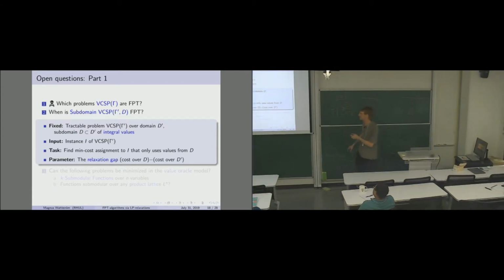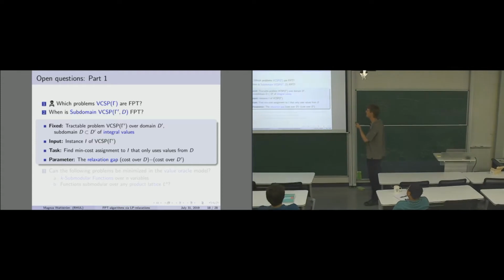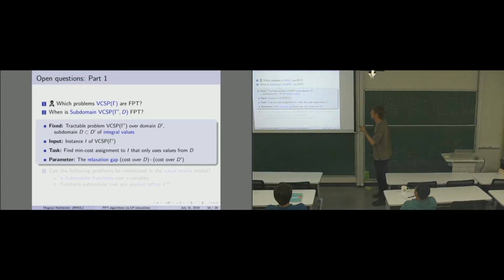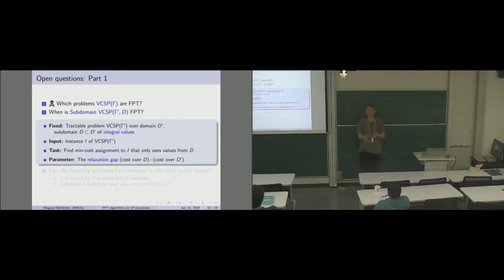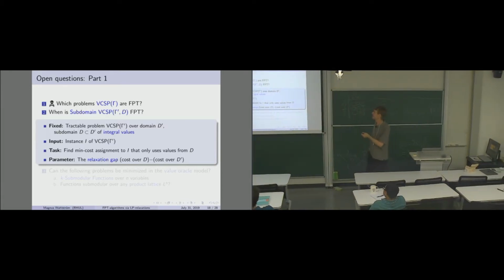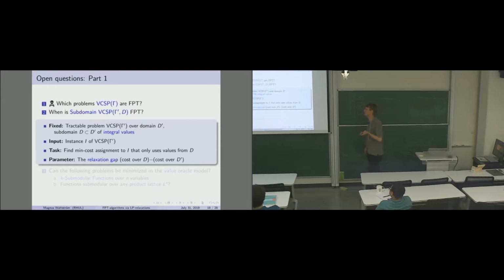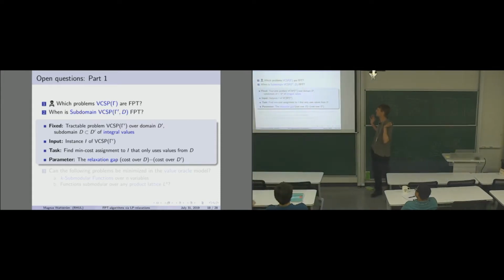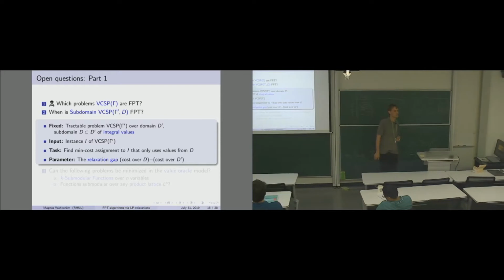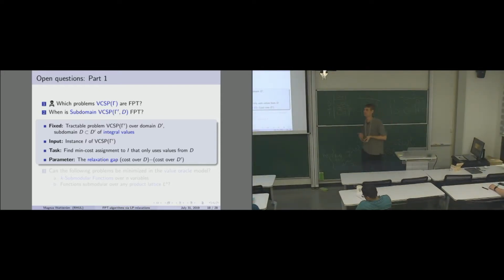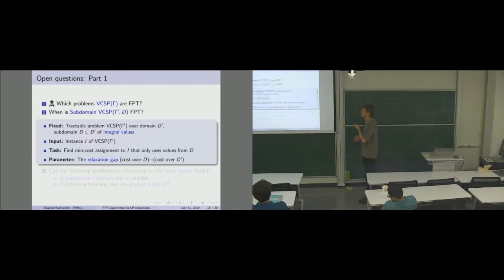You're looking for an assignment that only uses D. Your parameter is supposed to be the increase of cost by going to the integral value. So this is either polynomial time or FPT or hard, presumably, for every possible gamma prime and D prime. And it might be an easier, more approachable question to try to figure out what's the shape of things here, like what conditions make this tractable.